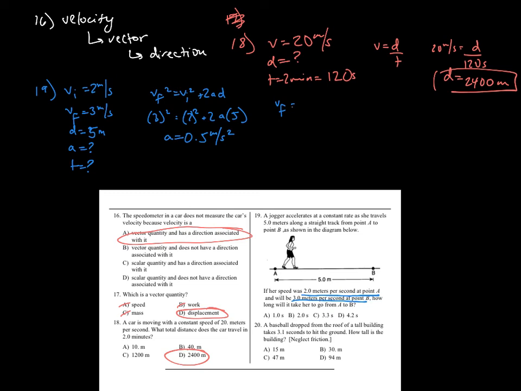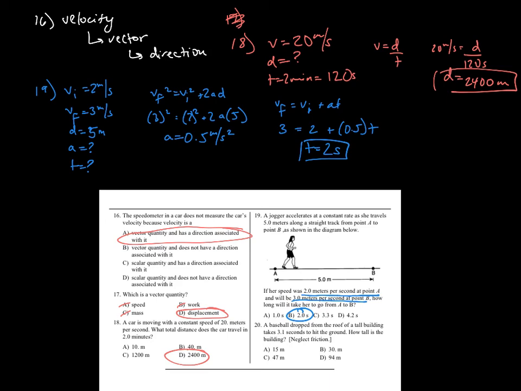Then you can use this equation, the prettier one, because it is short and quick. 3 equals 2 plus 0.5 times t. T is equal to 2 seconds. There's only one 2-step problem on the IA.